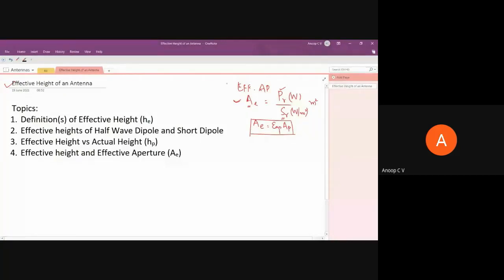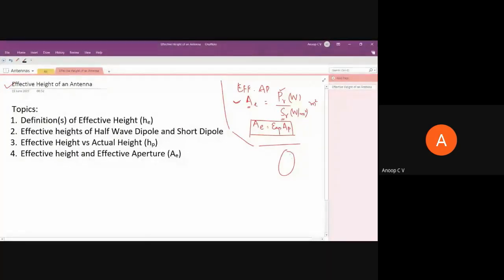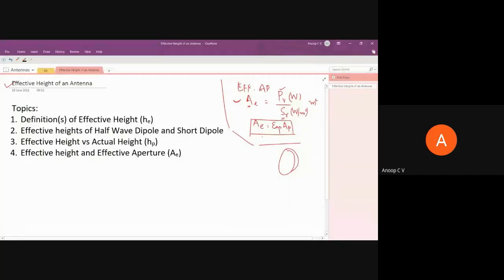So the concept of effective aperture we can use for aperture type antennas. That makes sense. But if it is a tower type antenna or wire antenna, then even though mathematically we can discuss the effective area, logically we won't be much satisfied.